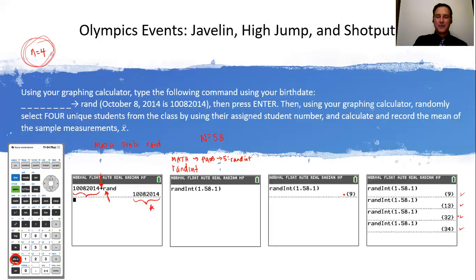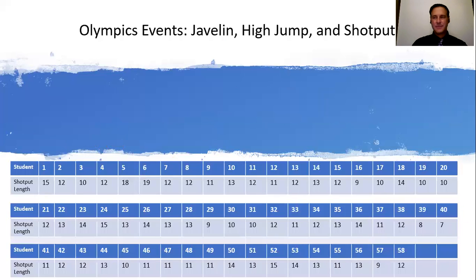Then what I'm going to do is look on that chart and circle. Let's see, here's 9. Student number 9 had an 11-foot throw, so I'm going to write that up in the top left-hand corner, 11. My next student was 13. That person had a 12-foot throw. My next person was 32.